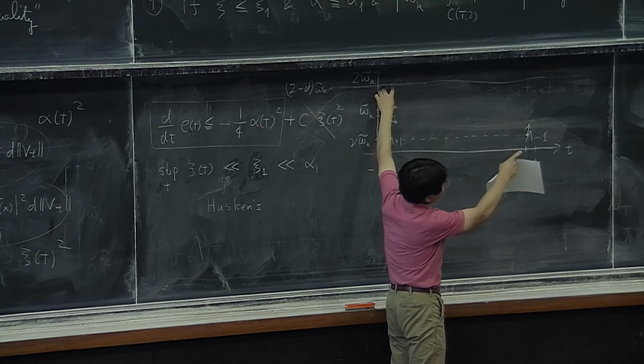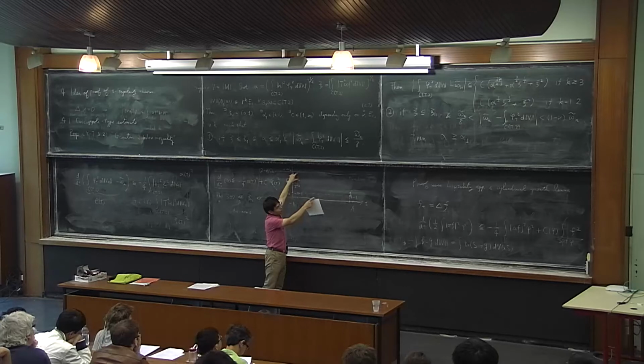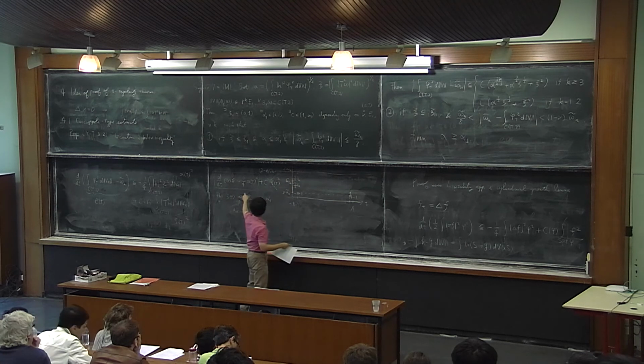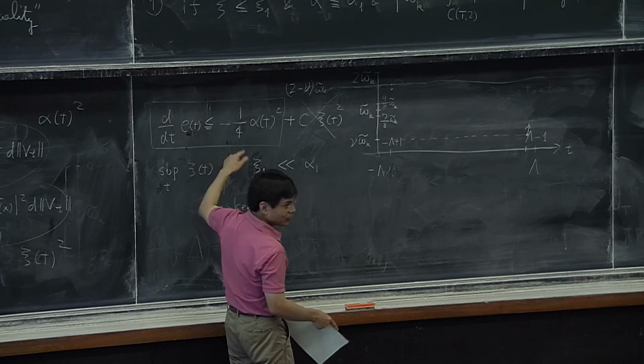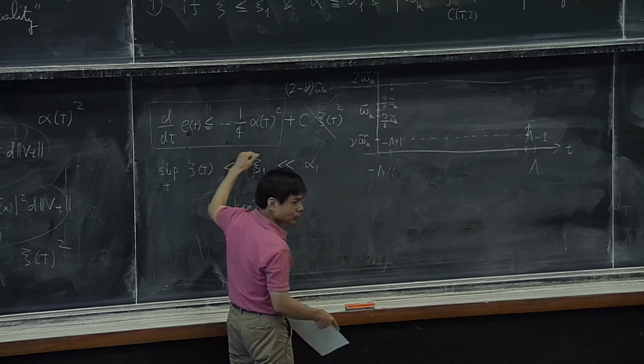So you have this bound on mean curvature. The alpha is at least bigger than alpha 1. So what does this tell you? That means this E keeps decreasing at a fixed rate.